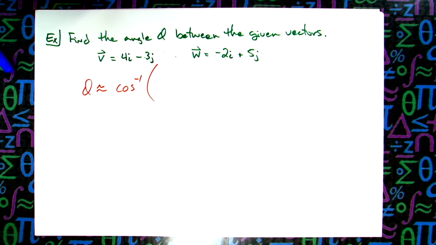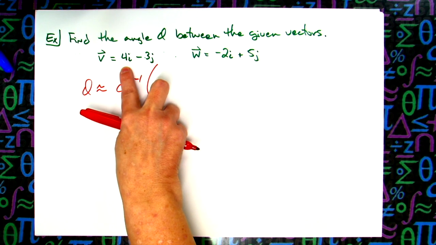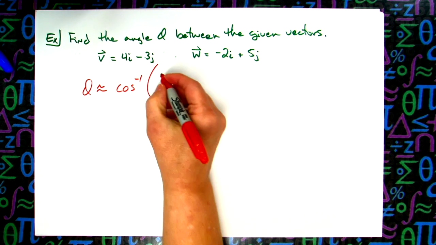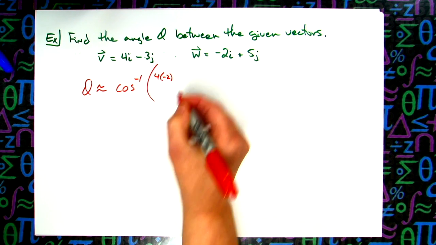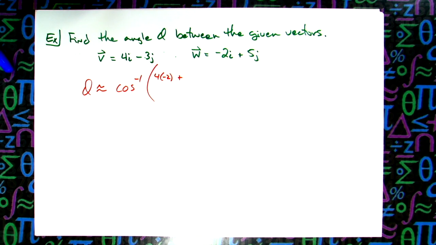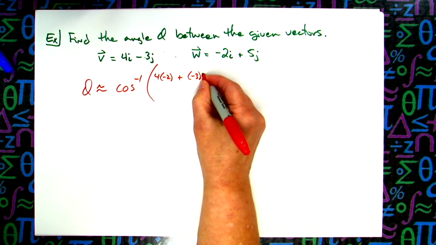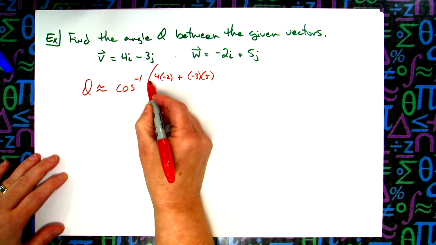Okay, so the dot product, can we do the dot product? Multiplying the a's, multiplying the b's, add them up. So I'm going to multiply the a's, which is 4 and negative 2. I'm going to multiply the b's, negative 3 times 5. So there's my dot product on the top.